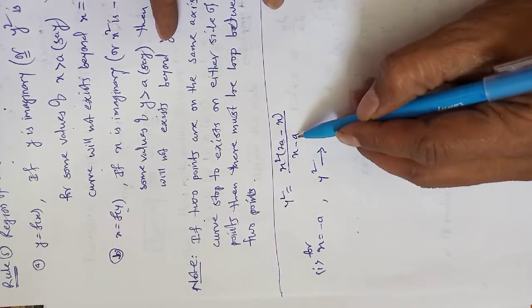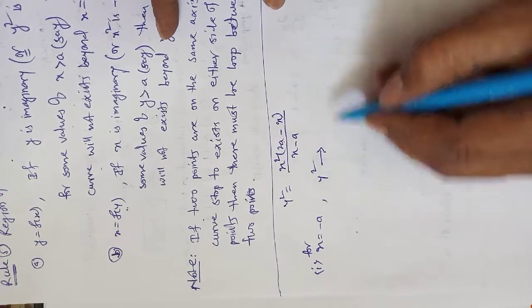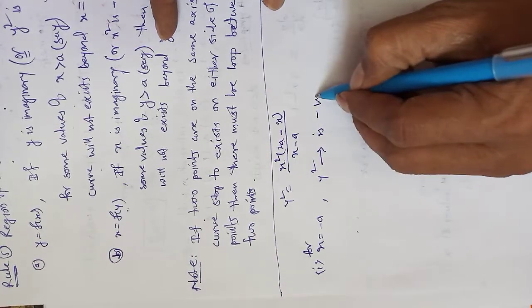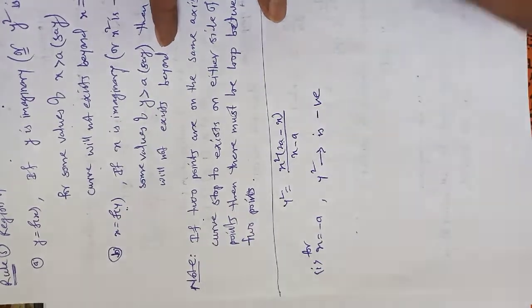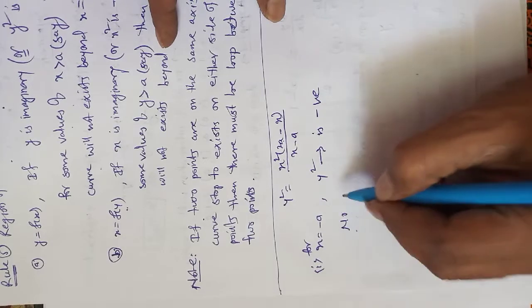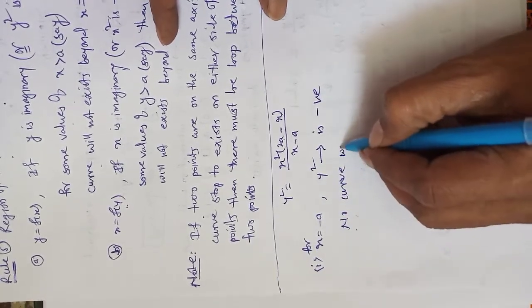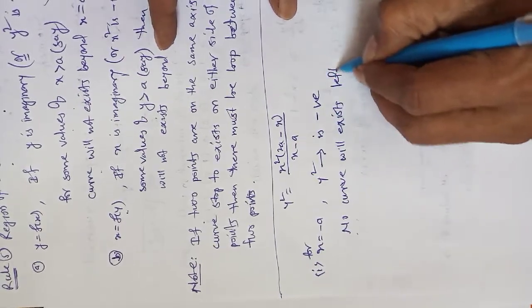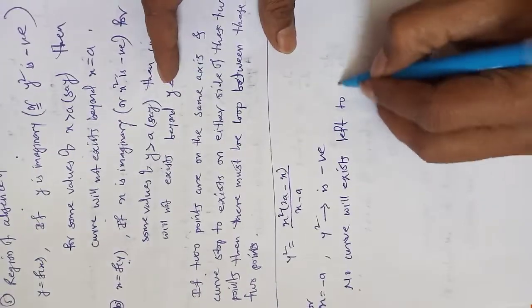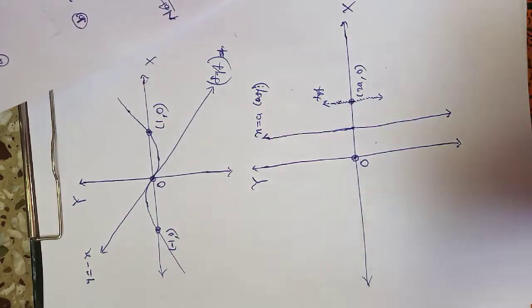Right? Minus a is negative. So numerator is positive, denominator is negative, and therefore y square is negative. Means y is imaginary. Therefore, no part of the curve will exist left to the origin. So left to the origin, there is no curve.